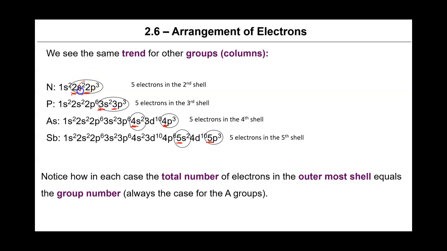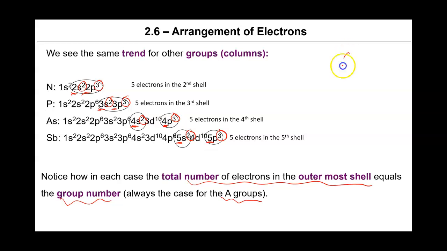And if we start looking at the total number of electrons in the outermost shell, we see that in every case, it adds up to 5. And it turns out that the group number for the A group elements is always equal to the number of electrons in the outermost shell.